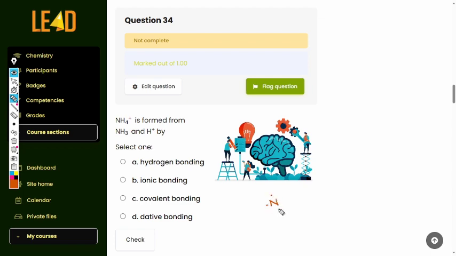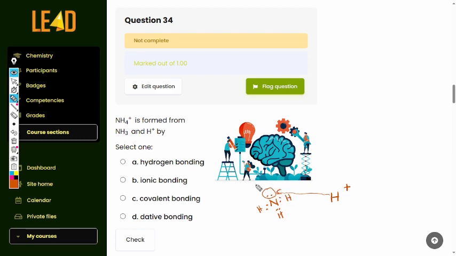It has 5 valence electrons, then 3 hydrogen atoms are bonded with the unpaired electrons for nitrogen, so it has 1 pair of electron here. While hydrogen would usually have 1 electron, but then it lost that electron to become plus. So what happens is this pair of electron is shared between ammonia and hydrogen ion. So hydrogen can come and share this electron with ammonia.